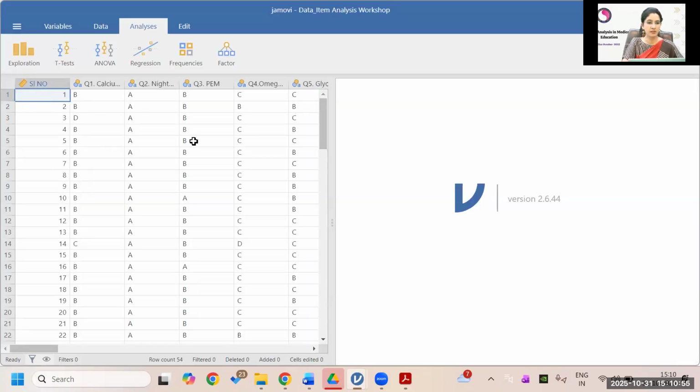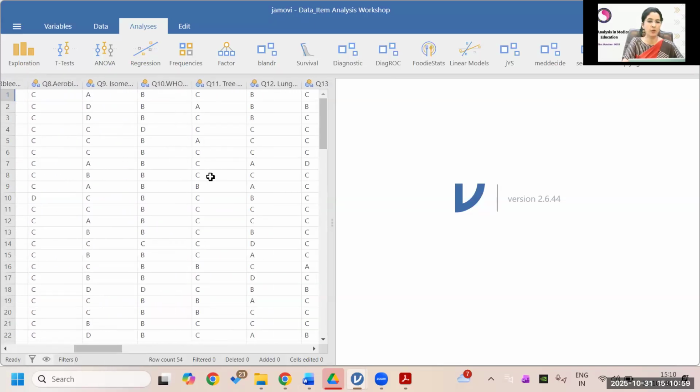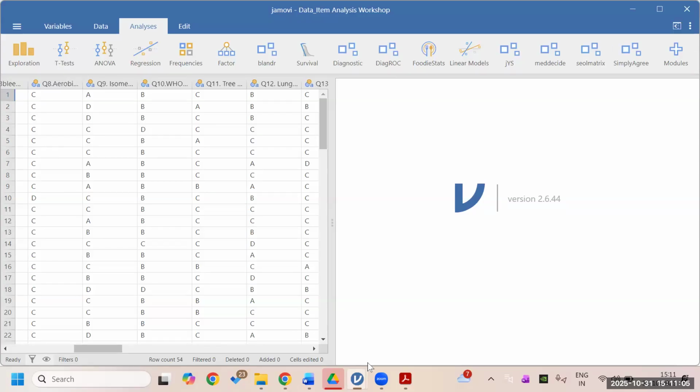So you can see here, it is the same file, same options, which has been imported, which was there as an Excel. It got imported here. Okay, ma'am. Fine.